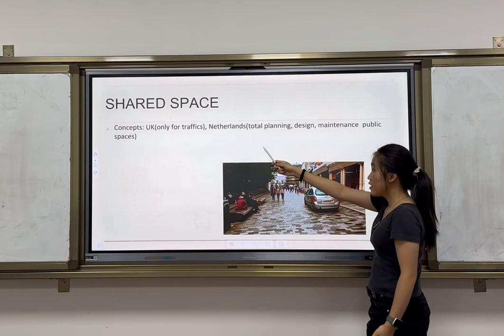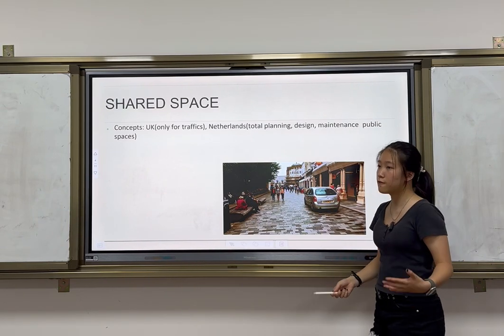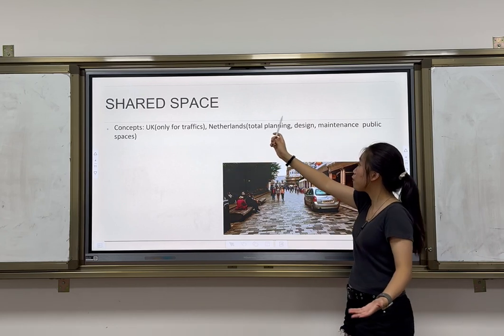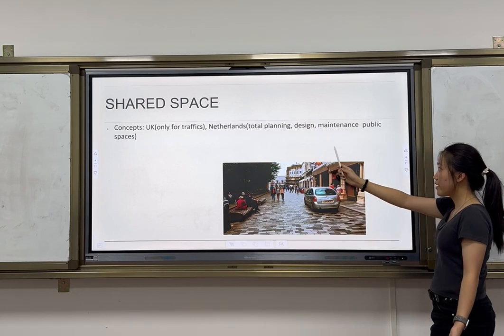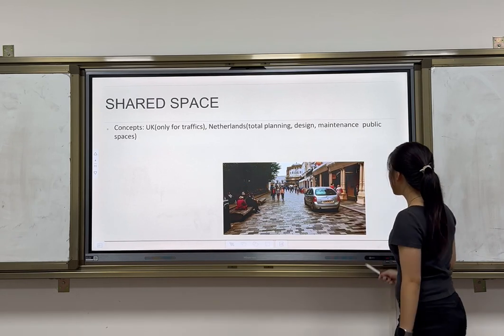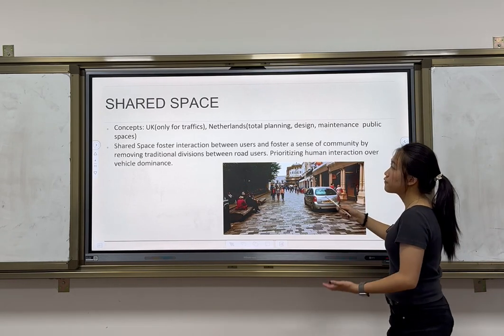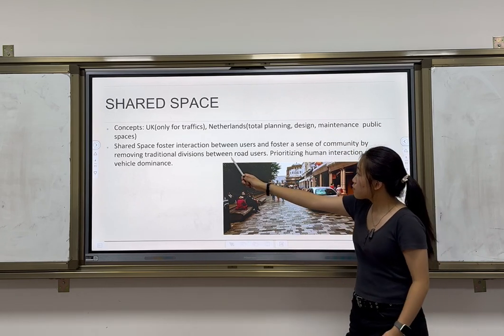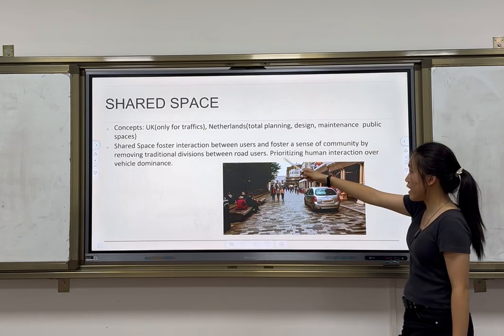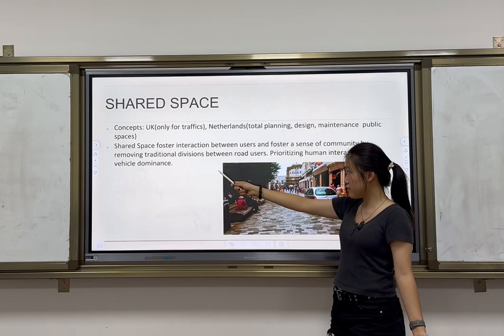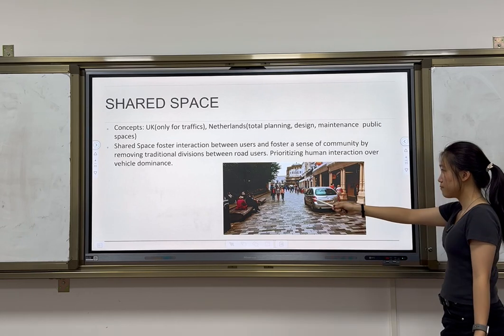The Netherlands gives a more comprehensive definition: shared space is a new concept of holistic planning, design, and maintenance of public spaces. This definition highlights the social side of shared space and how it works. Shared space fosters interaction between users and a sense of community by removing traditional divisions between road users.